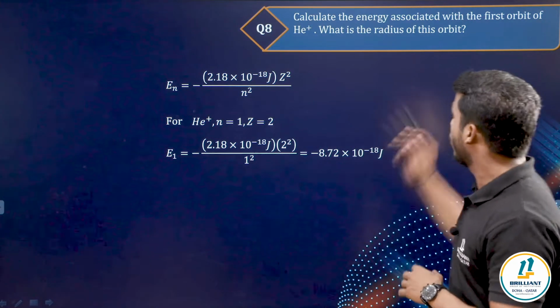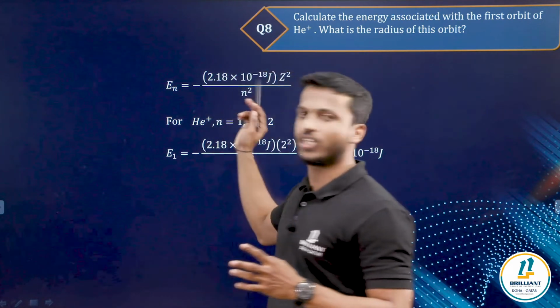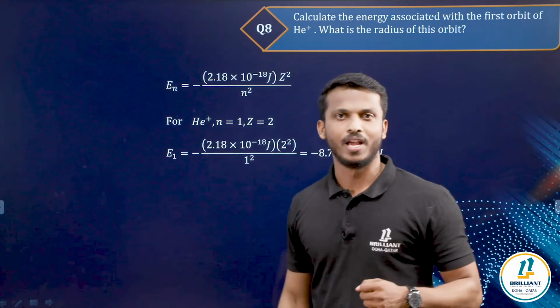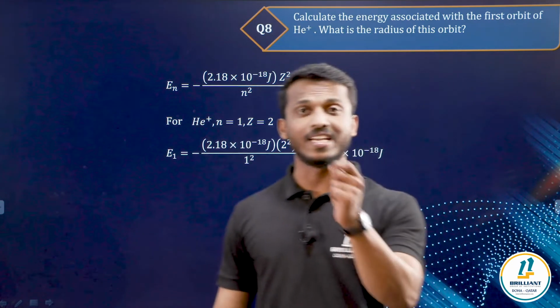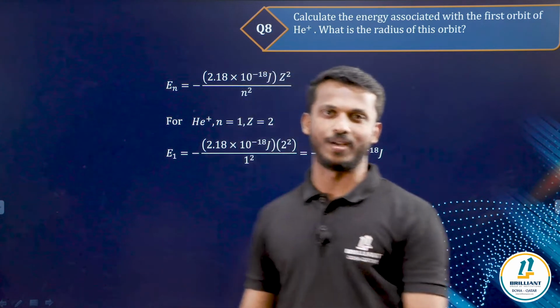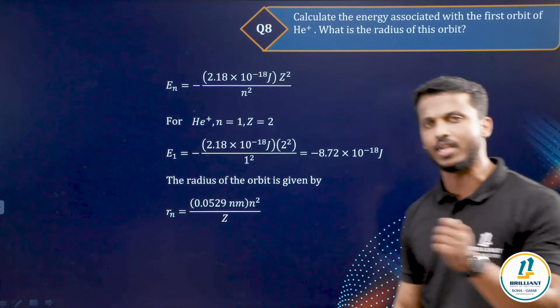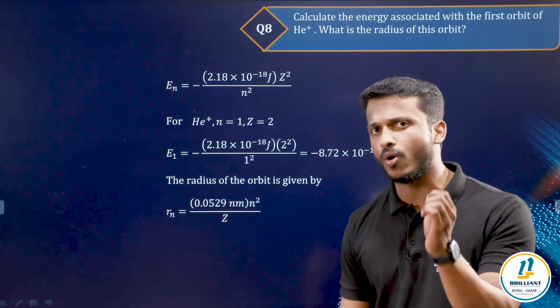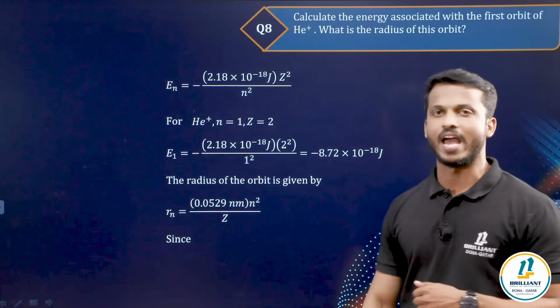Question not over. What is the radius of this orbit? Dear all, this equation is also given by Bohr's theory. Bohr gives the energy of nth orbit, and similarly the radius of nth orbit. Rn is equal to 0.0529 into n square by Z in terms of nanometer.